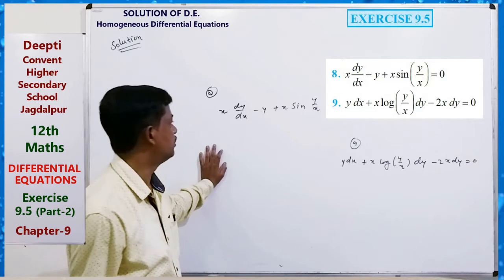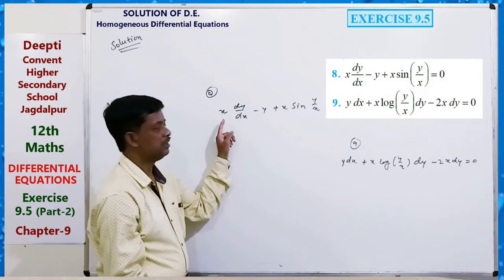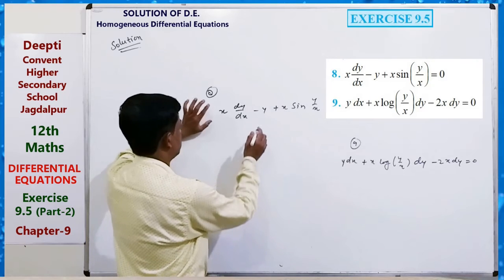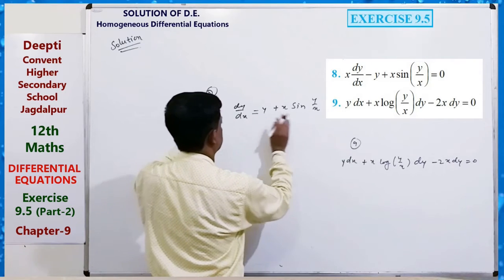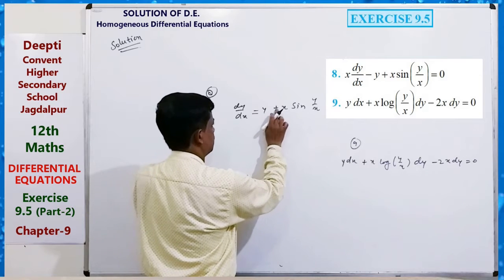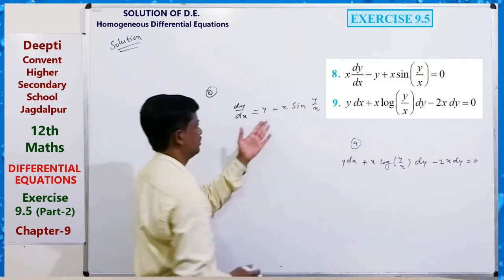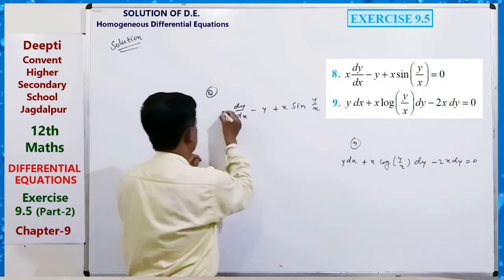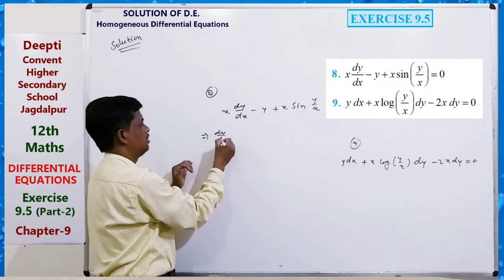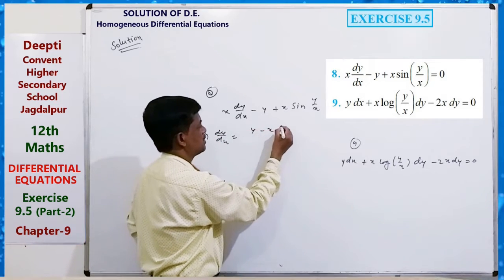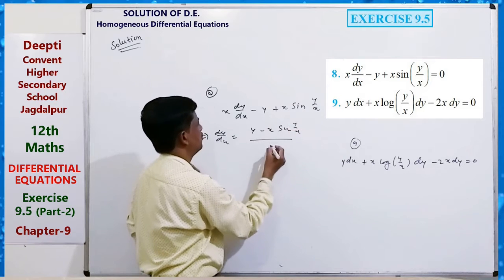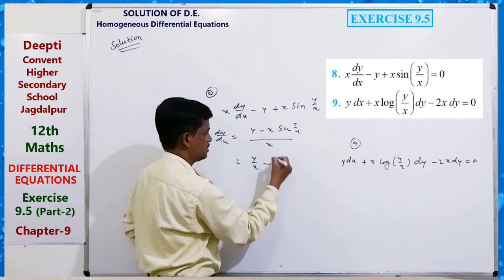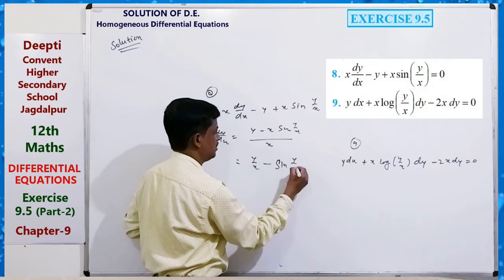Just write dy by dx. Here dy by dx equals, go to the right hand side and divide by x. Transfer to the right hand side, minus becomes plus and plus becomes minus. So dy by dx equals (y minus x sin(y/x)) upon x. Here y by x, and the x cancels.